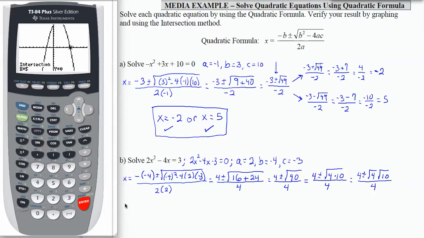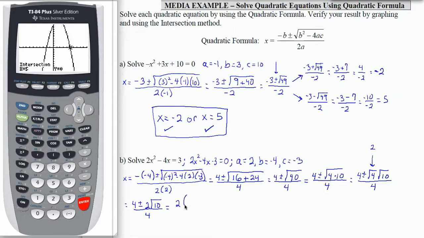If I continue down here, I get 4 plus or minus, and the square root of 4 is 2. That gives me 2 times the square root of 10, divided by 4. So I'm getting closer to being able to remove a common factor, which is my goal. Between 4, 2, and 4, I have a common factor of 2.